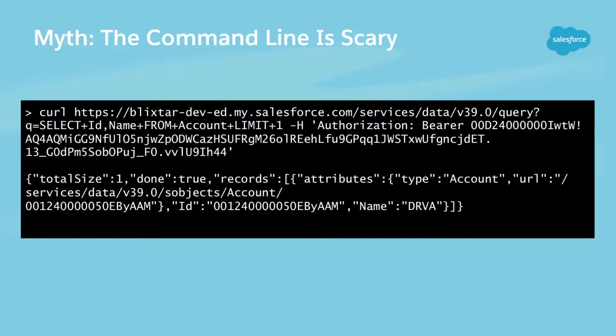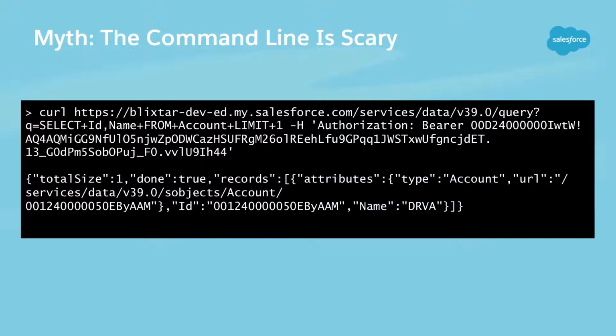And I want to explode this myth that the command line is scary, because certainly if that's the first thing you ever see in the command line, it could look very scary. This is actually a command line utility called curl. It's a general purpose utility. And it looks very complex because it's general purpose, so you kind of have to tell it everything.